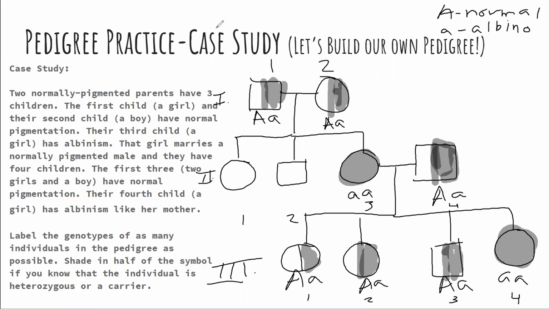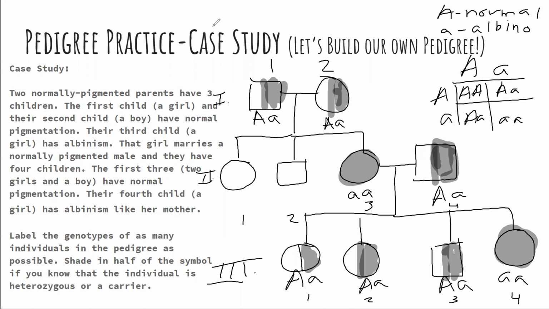Just like we did with our other parents, a Punnett square. So let's do a Punnett square so we can figure out possible genotypes of sibling 1 and sibling 2. So mom was heterozygous, dad was heterozygous, capital A, lowercase a, capital A, lowercase a.